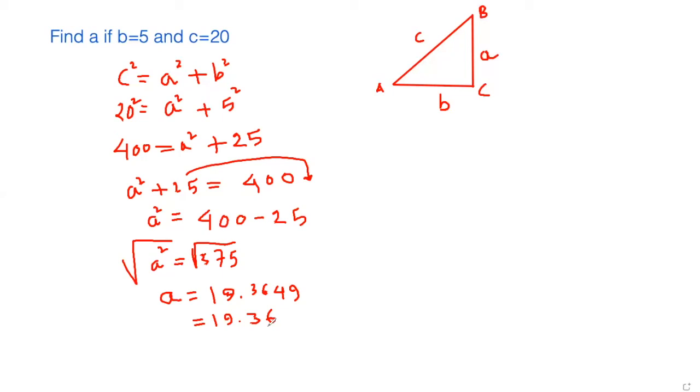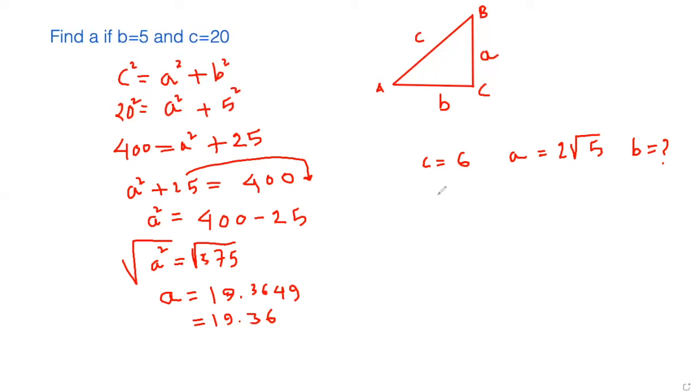Let's look at another question, which is given c equal to 6. Same kind of question. And a equal to 2 radical 5. The question is asking to find b equal to what?